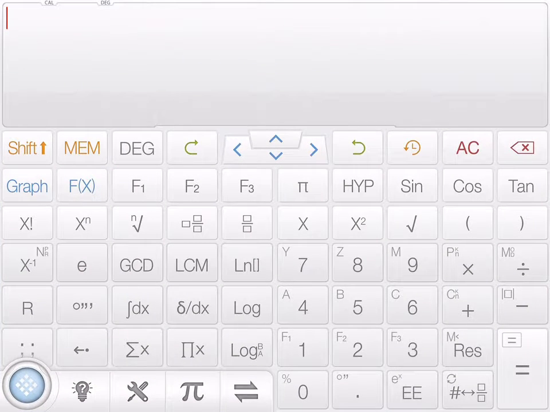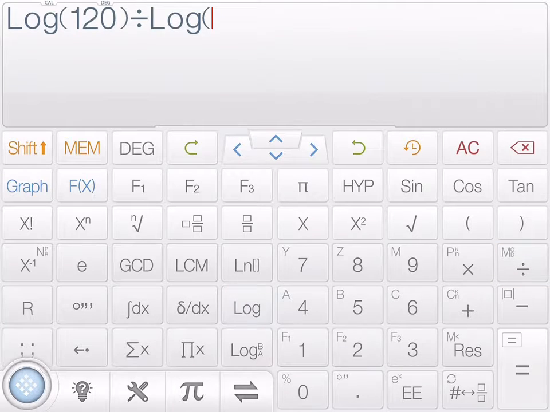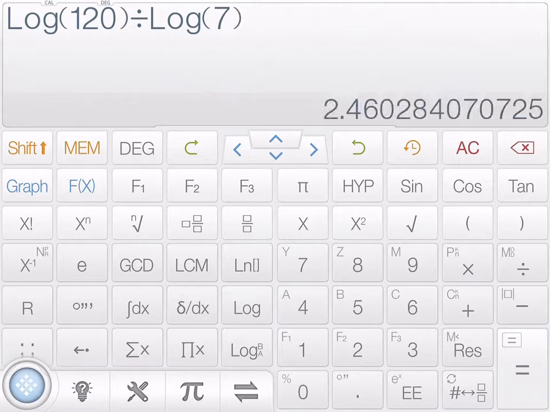I write the log of 120, close the parentheses, and divide by the log of 7. My calculator internally does that computation, and I'm not going to have a rounding error, but only once.